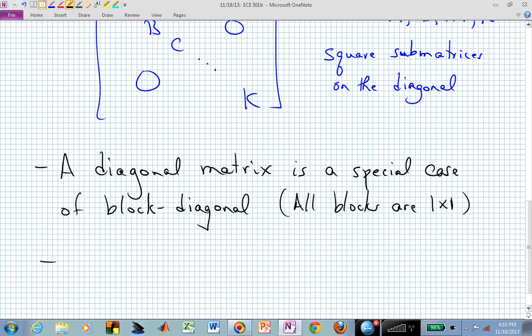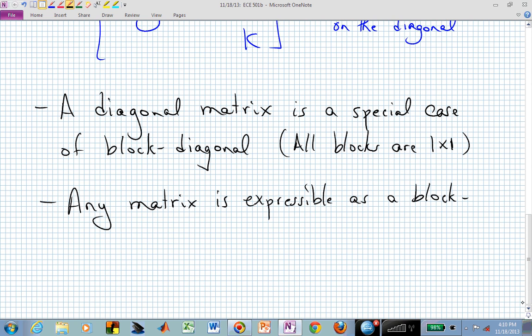So you could have the other extreme that says any matrix is expressible as a block diagonal matrix with 1, the number 1 block.